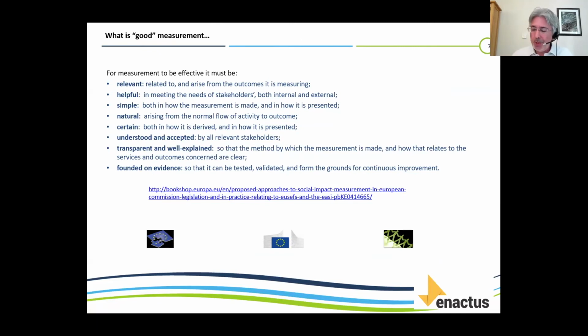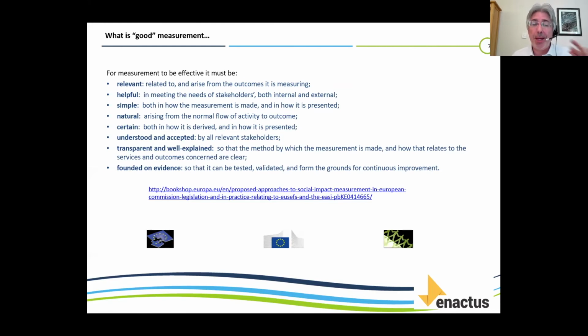So there's more detail on the slideshow and video that you've got available. We're just highlighting one or two points from it. One of them is that in what are effectively the European Commission impact measurement standards, it gives a list of 8 factors that constitute good measurement.